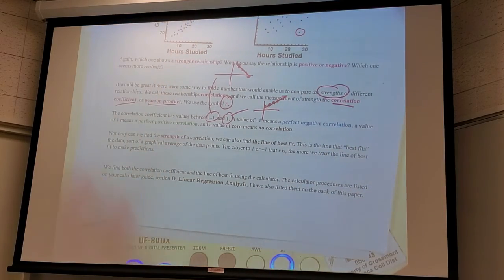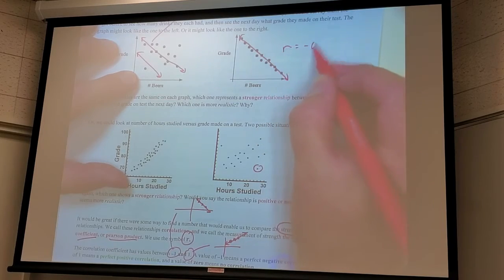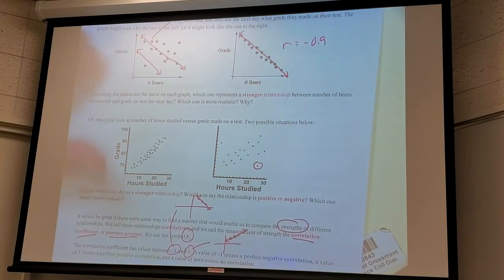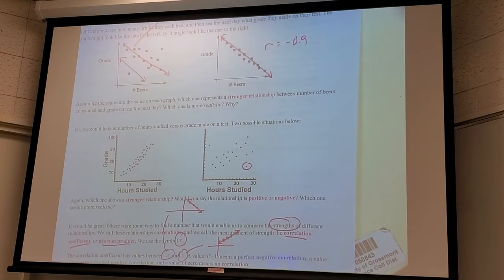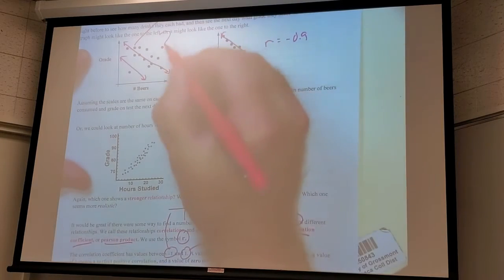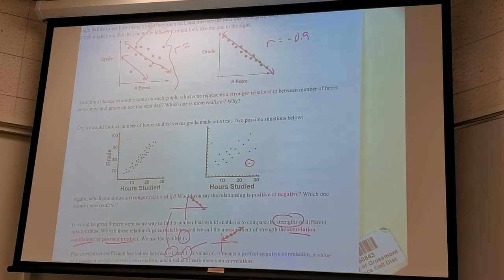Okay, so if I had to take a guess, I would think that this might be -0.9. You guys understand? I don't know if that's right, but it's not 1, it's not -1, because they're not perfectly lined up, but they're pretty close, so maybe -0.9. Give me a guess for this one.